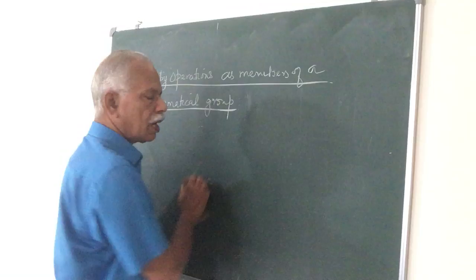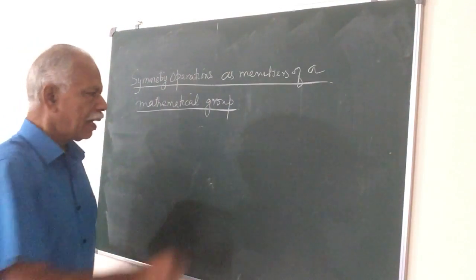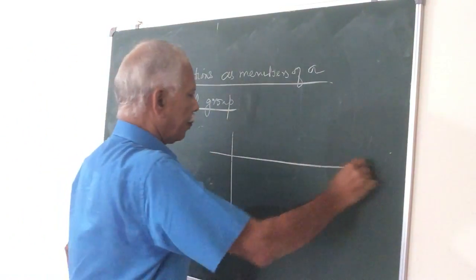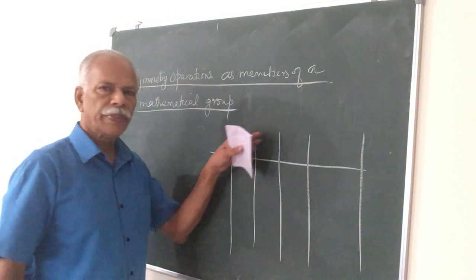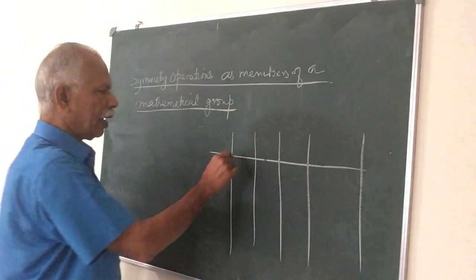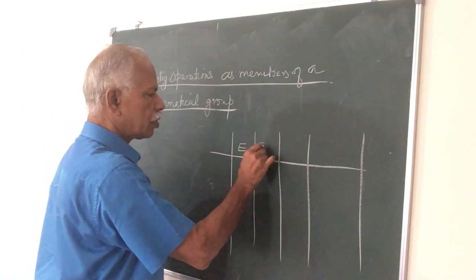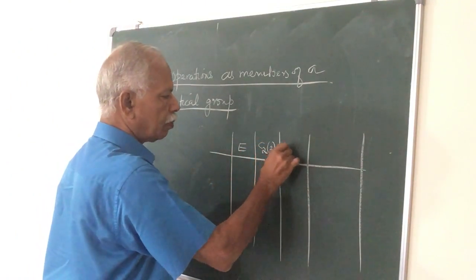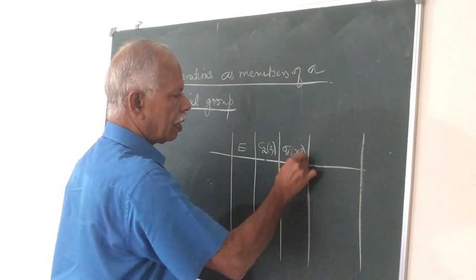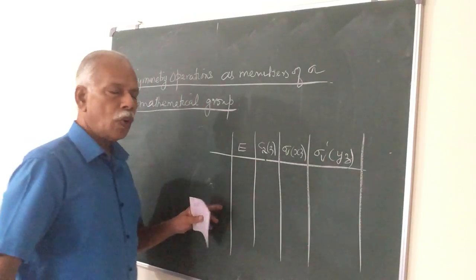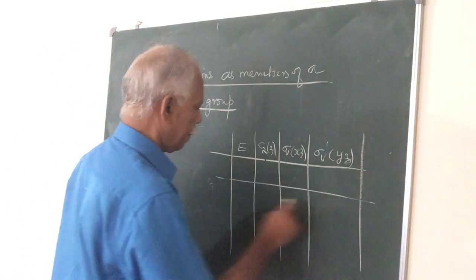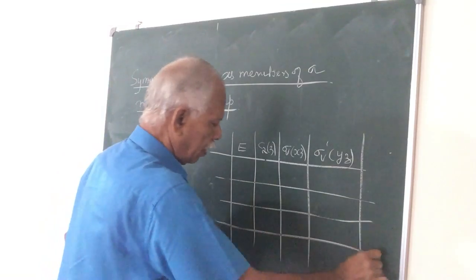The multiplication table frame will look like 1, 2, 3, 4 columns headed by identity, C2z, sigma v xz, sigma v dash yz, and 4 rows 1, 2, 3, 4.